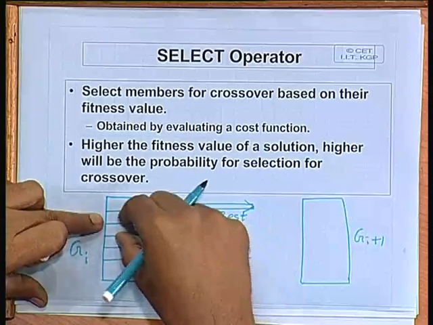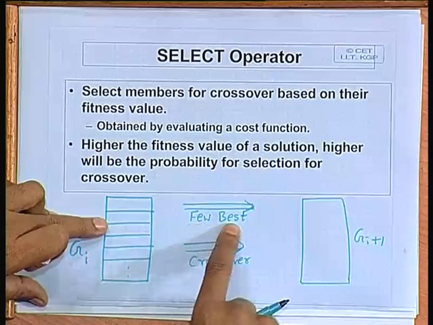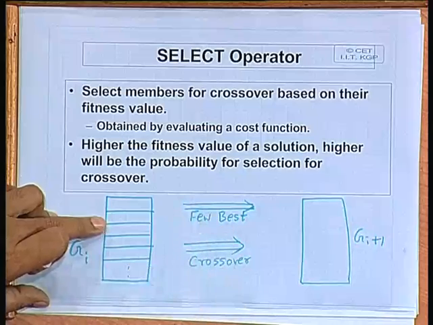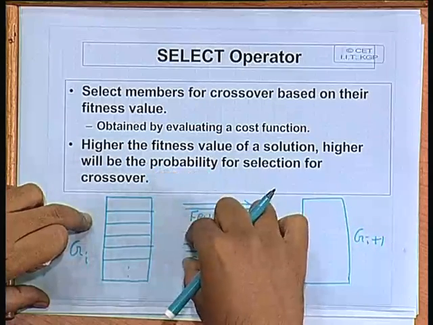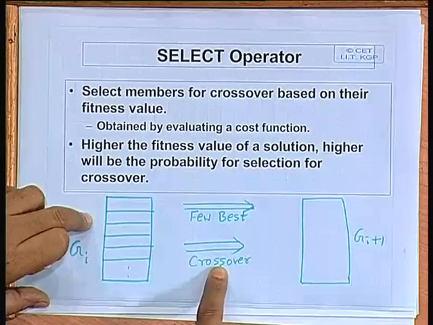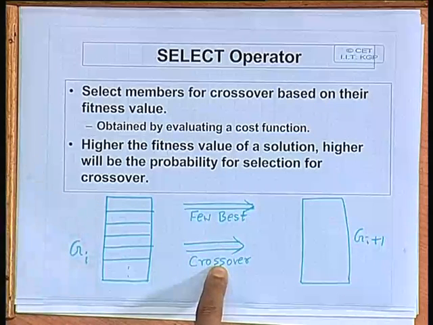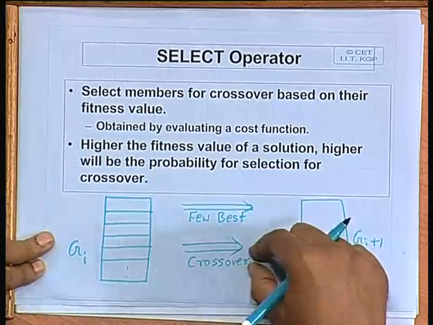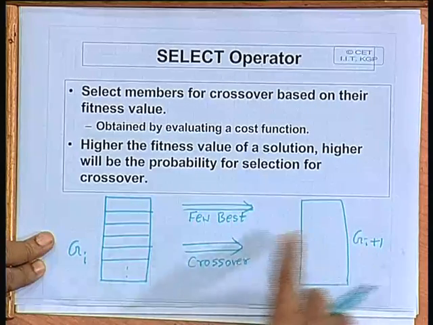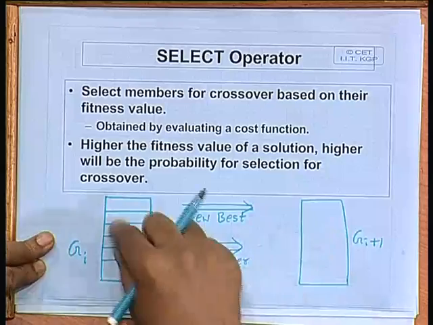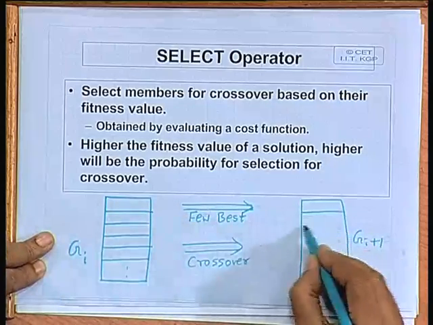Maybe you are selecting one of those best, no problem. You apply crossover or do not apply crossover depending on the crossover rate. Whatever your decision, those two resultant solutions you simply copy here. You go on repeating this till the next generation is full.